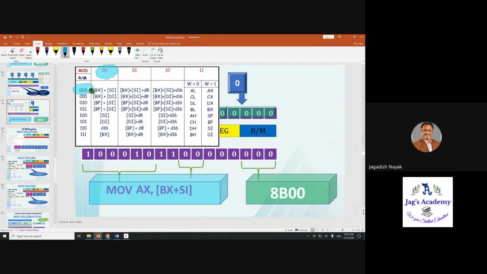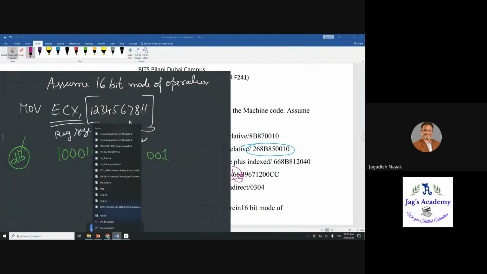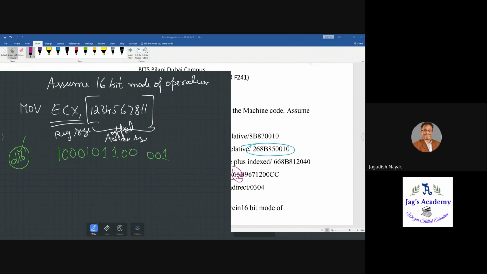It is 00110. Okay, now tell me, what is the machine instruction? Come on, 8B0. What is this? E, right? Yes or no? 8B0E.